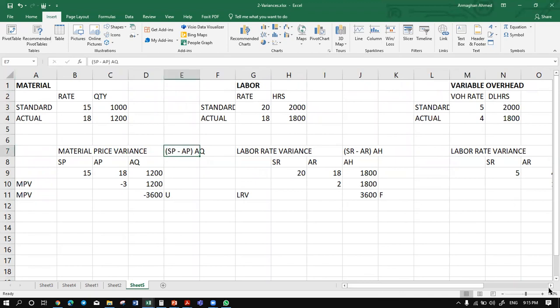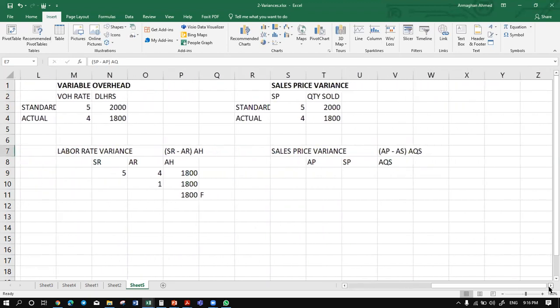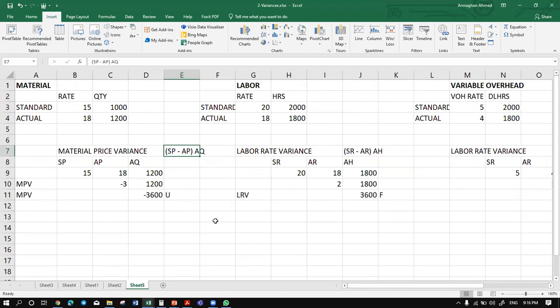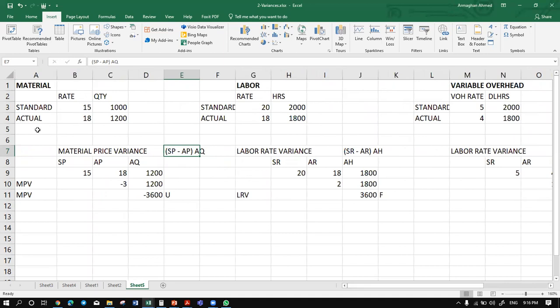In the revenue variance, keep the actual price first. Why do we keep this? Because if actual price increases, this is good for us. Sales will increase, so it is favorable. But if you consider the cost variance, if material price increases, just like 15 becoming 18, this is not good for us.